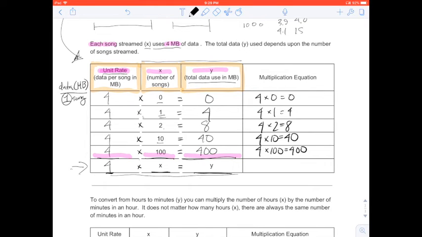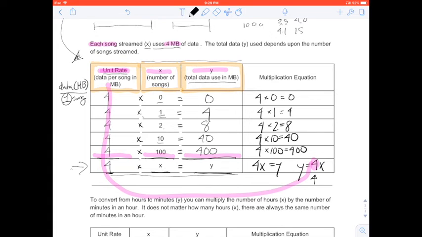You can always fast forward a bit if it's too easy. And then we get to 4x is equal to y. And the way you'll usually see this written is y equals 4x. And this 4, I probably should have mentioned this earlier. See this 4? That's the same as our unit rate.